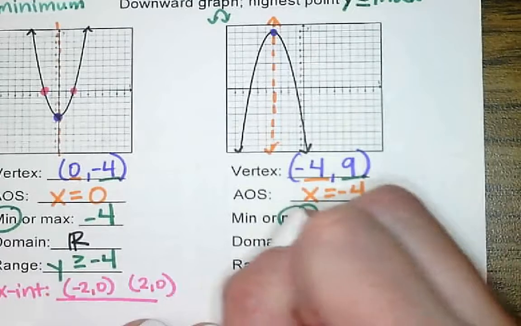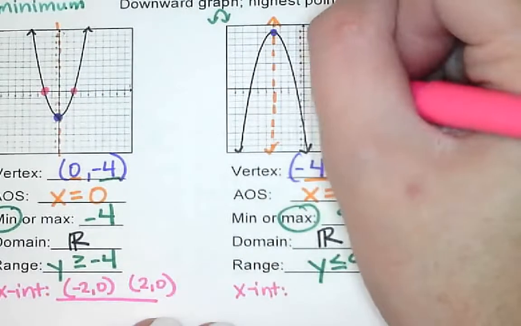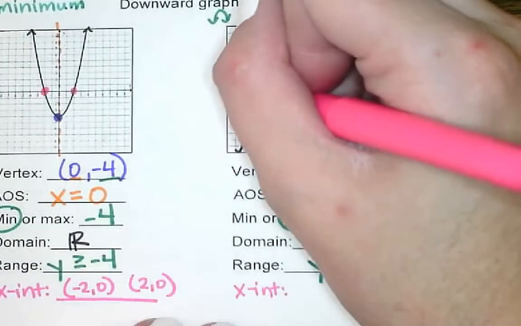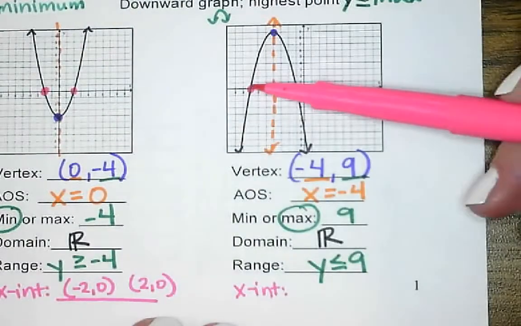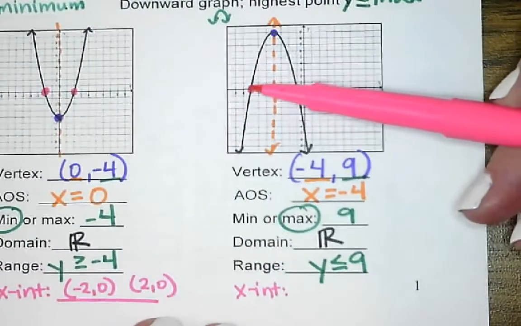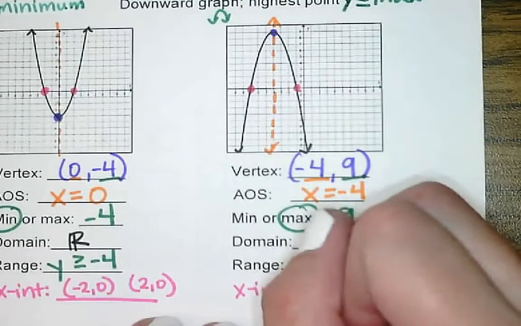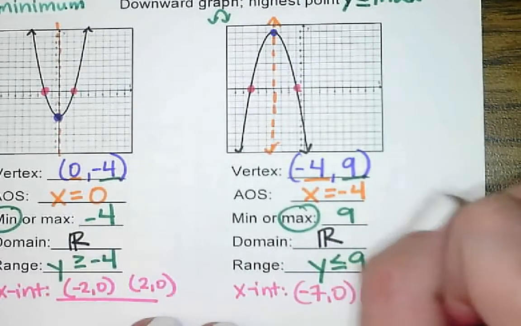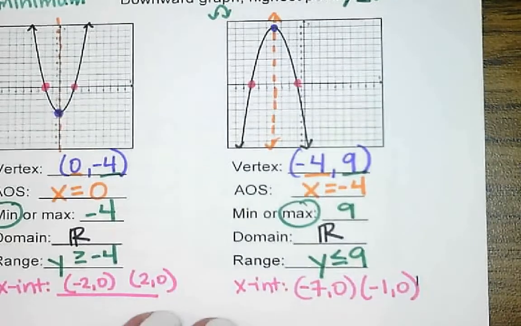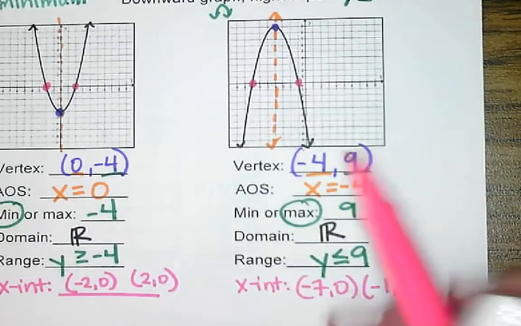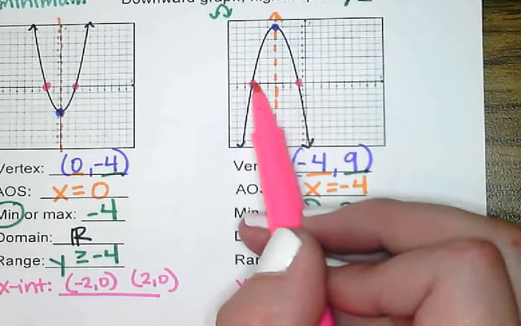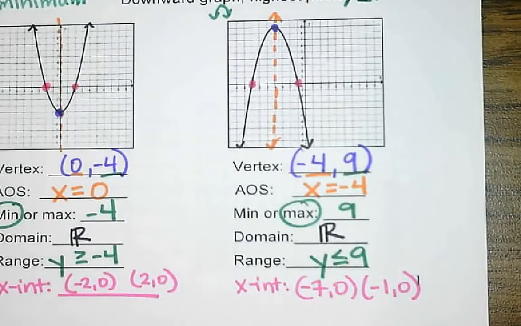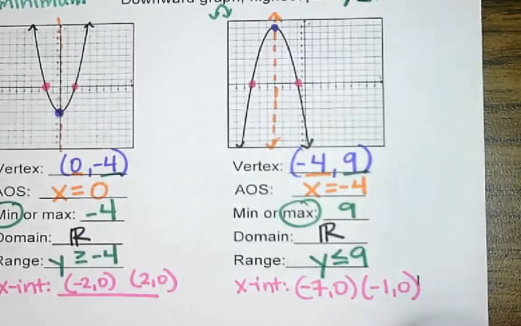Ooh. -1, 0. What is that one? -7. So -7, 0 and -1, 0. Okay, guys? And so those are 2 separate points. And you'll notice again, are my x-intercepts perfectly symmetrical? They sure are. All right, guys? So that's just a good example of how you can identify some of our key features. Do y'all feel good about that?